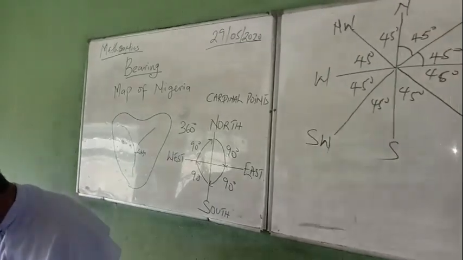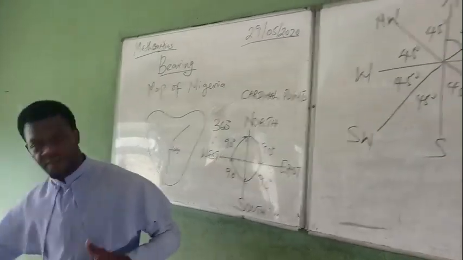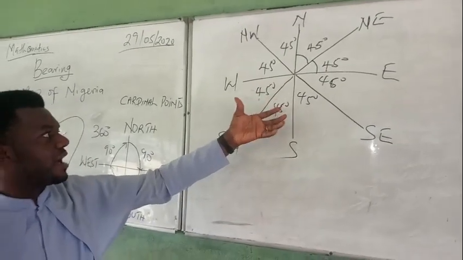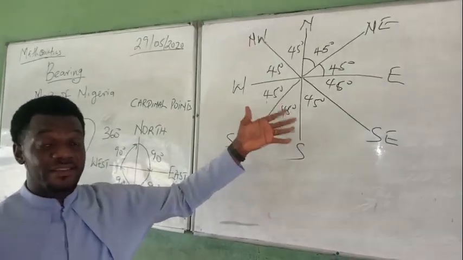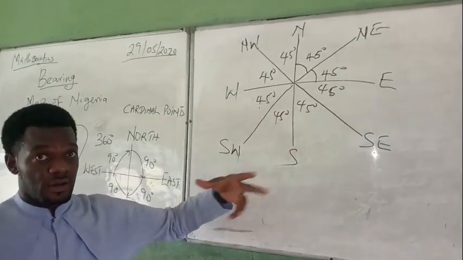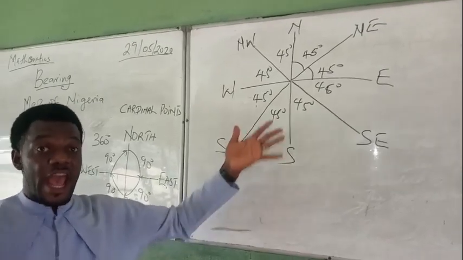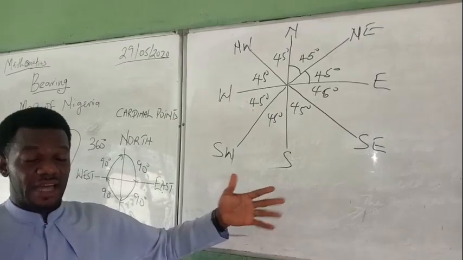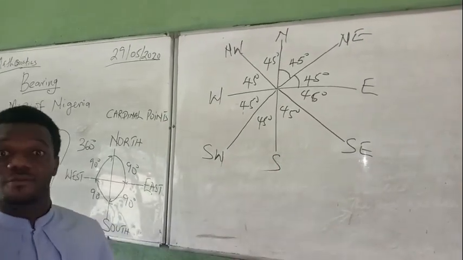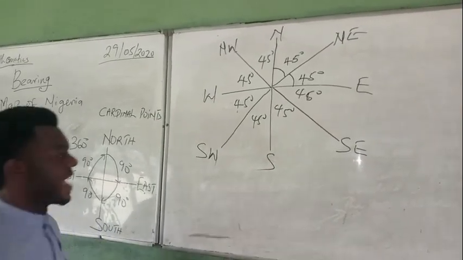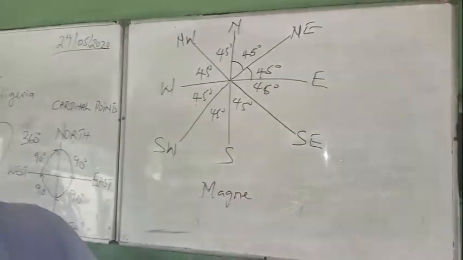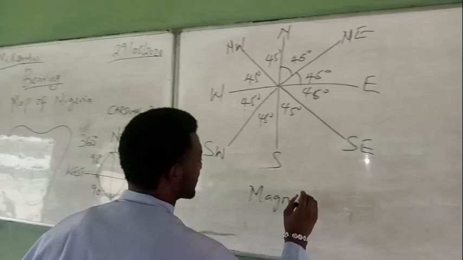Most especially these minor cardinal points are what the sailors on sea or the pilots in the air use in directing the ship. They use this to detect direction with the aid of what we call the magnetic compass.